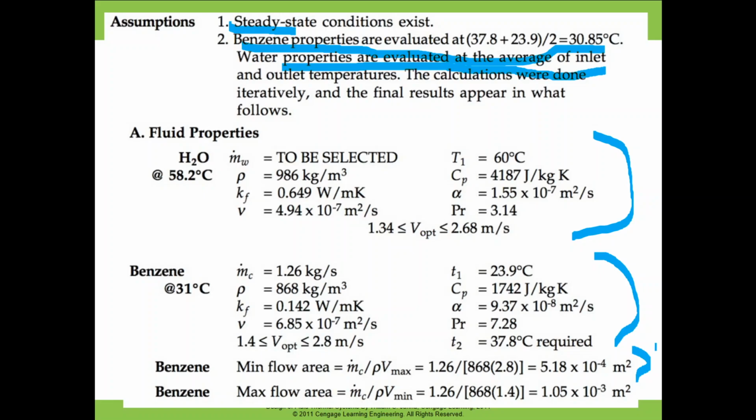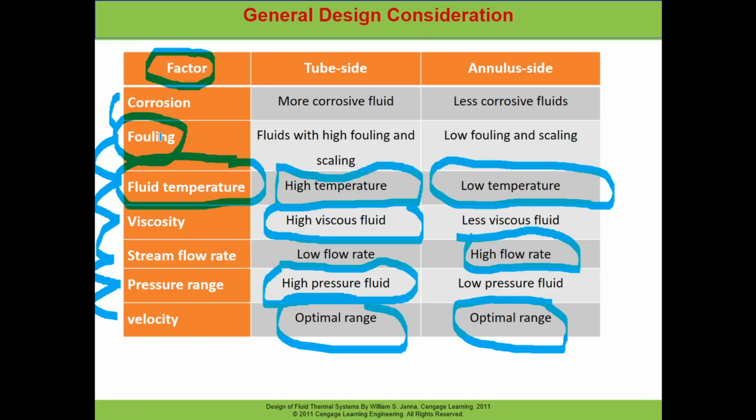And now we are looking for the size to find out the tube size. First of all, we will see what size of tube should be chosen. The criterion we have is that the flow velocity inside the tube should be economical. Based on these criteria, out of the several factors, you have to decide which factor you are taking to decide which fluid should go inside the tube.